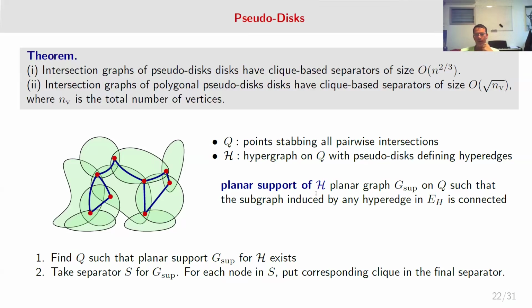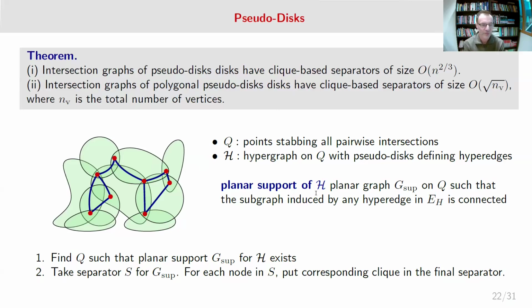How do you prove the n to the 4/3 support? Yeah, that's very naive. You simply remove all cliques of size more than n to the 1/3.